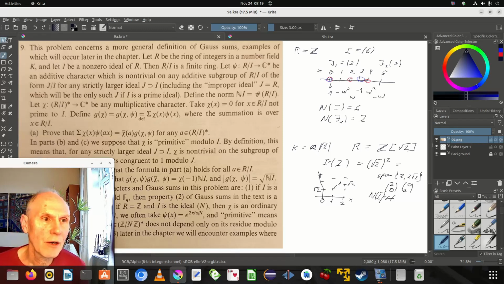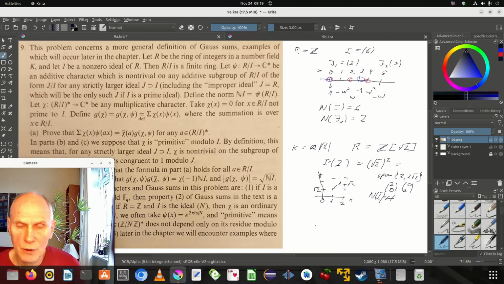So an additive character here. So we can define 1 and square root 2 like we wish. Then this sum. Oh, and then they must be plus minus 1, of course. So let's check it. So it's the map of 1 and of square root 2.